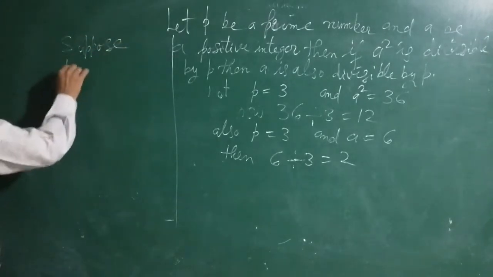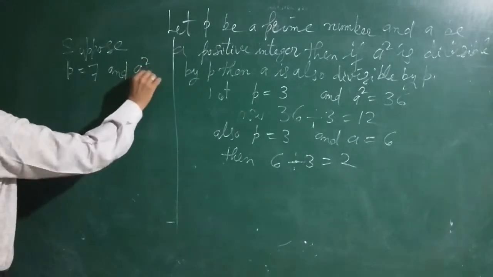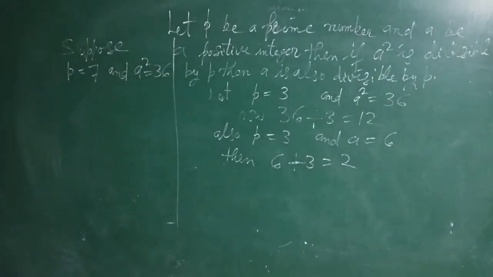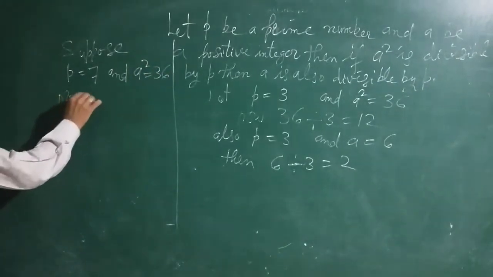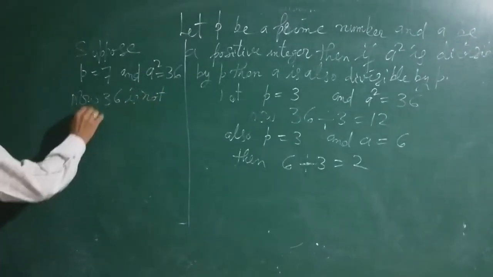Suppose p is equal to 7 and a square is equal to 36. Now 36 is not divisible by 7.